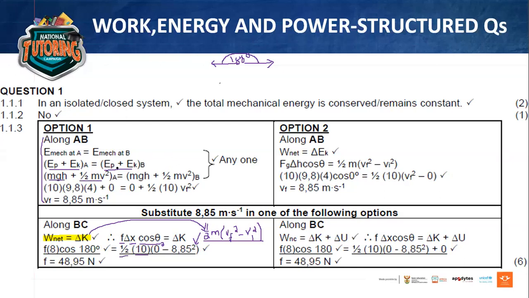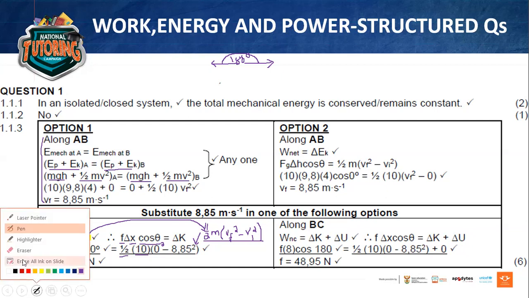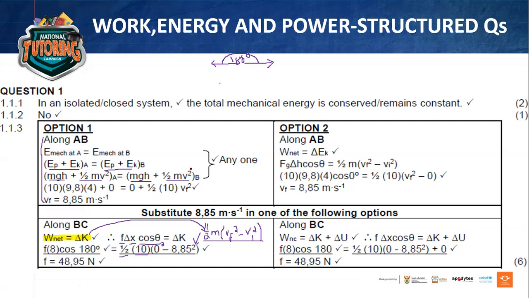The same applies for B: mgh, and the kinetic energy is half mv squared. Now, remember, I wanted the speed at B. It means this is essentially what I am looking for.